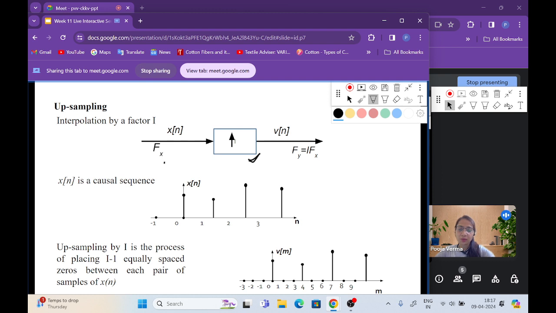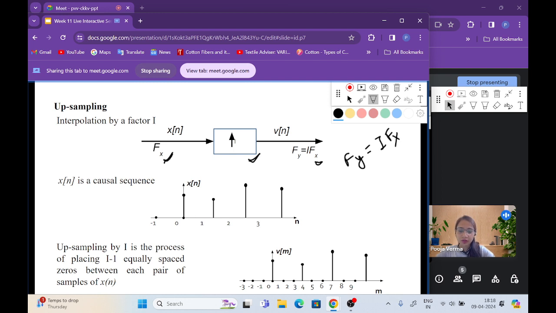Fx is the input signal frequency and Fy is the output frequency; if any system is upsampled by a factor I, then the output is related by Fy equal to I times Fx.